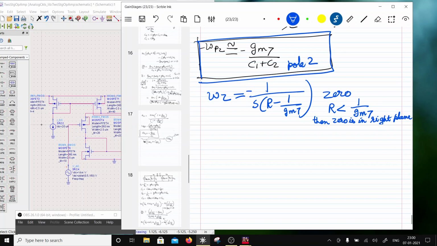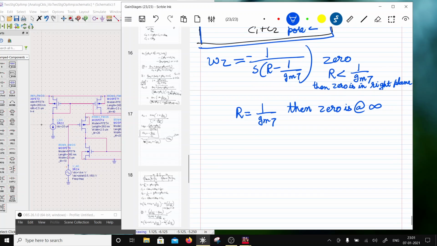Okay, now when R is equal to 1 over gm7, then 0 is, so this is your compensation, right? Then 0 is at infinity, right? And let's say R is greater than 1 over gm7, then 0 is in the left hand plane. 0 is in left plane.